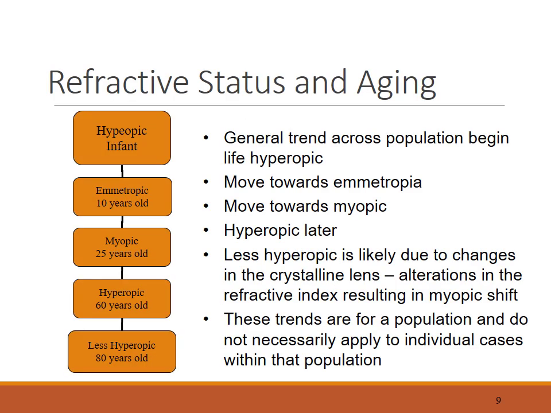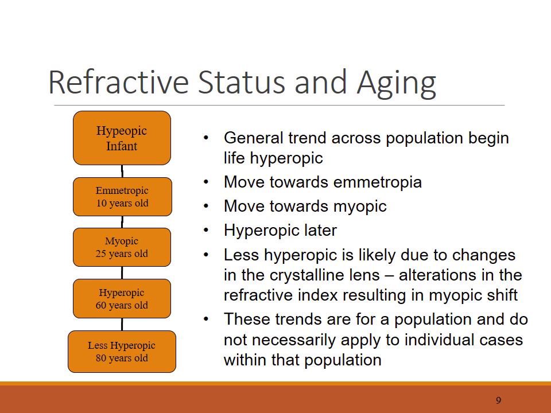Refractive status and aging. Based on this diagram, what we can see is the general trend across the population: we begin life hyperopic. That means we start with a hyperopic eye, then move towards emmetropia and to a myopic eye. Later, we can have hyperopia again.